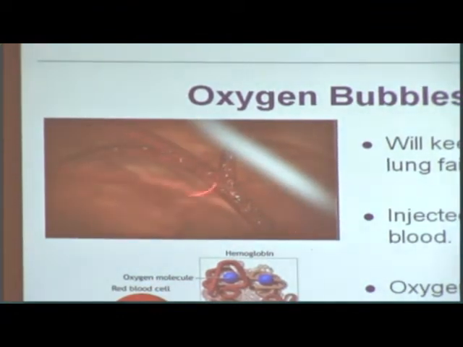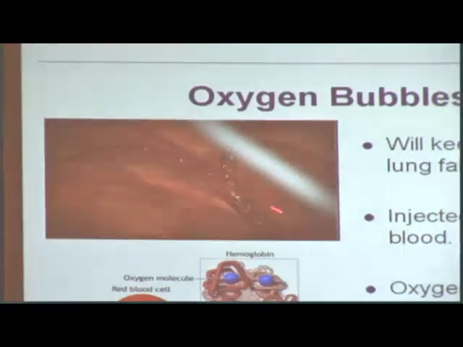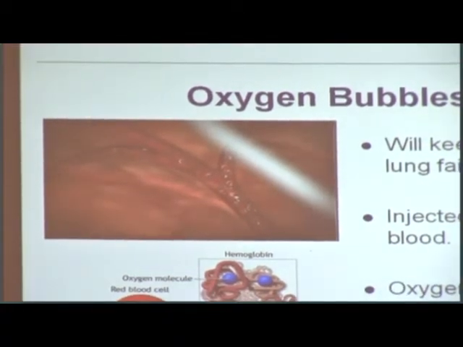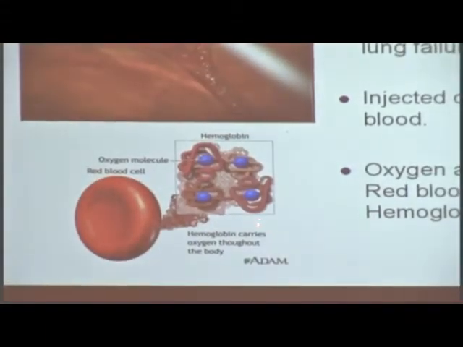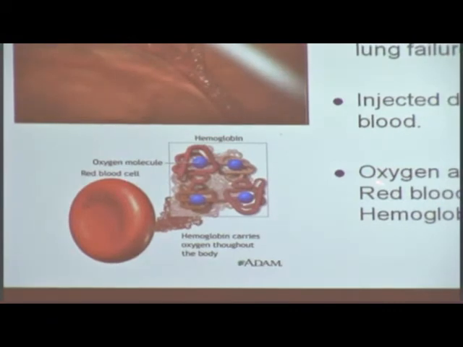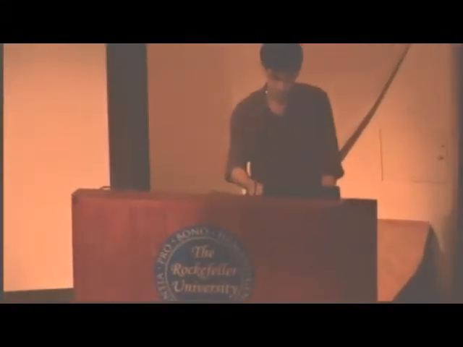The body is around 37 degrees Celsius, so the way we design these bubbles would be that they would be stable outside, but once they enter the bloodstream, they would release the oxygen. Oxygen would be picked up by the hemoglobin in the red blood cell, and basically you would have a patient breathing without actually having to breathe, and that would save a patient whose lungs did not work.